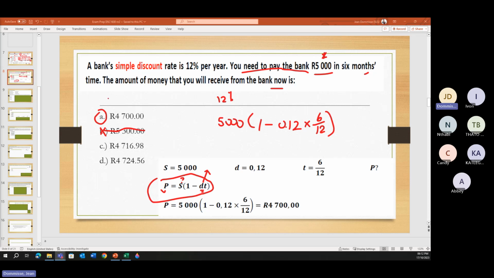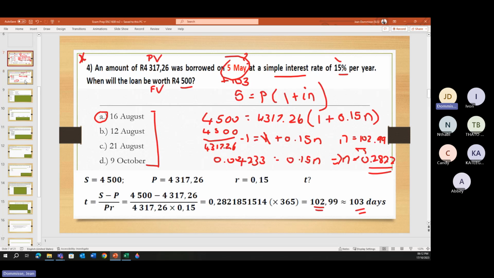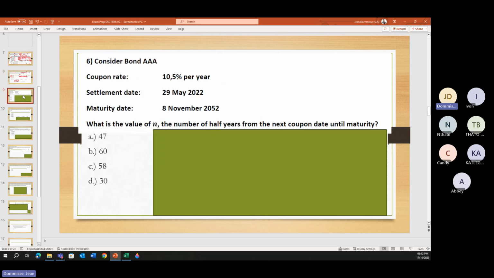Simple discount. Again, you will get a question on simple discount. You will get your question on simple interest. You will get your question on simple discount. Then something weirder, in a sense: when we get to bonds, we normally need to work out different things.